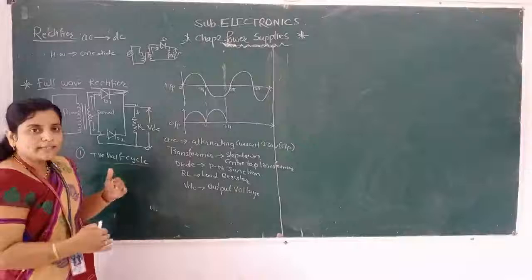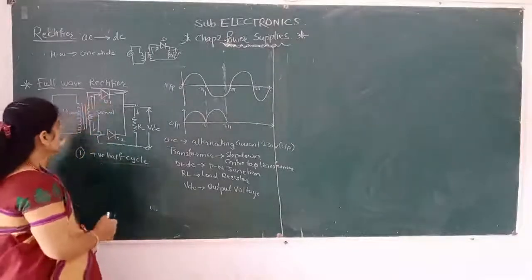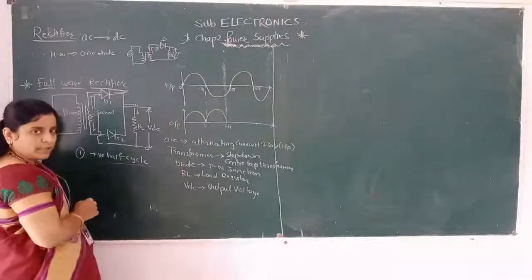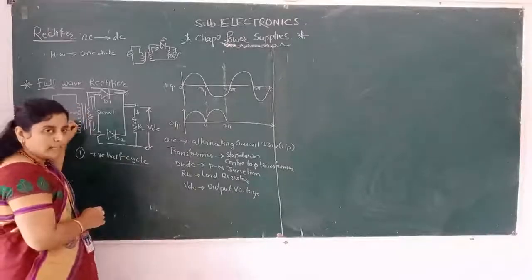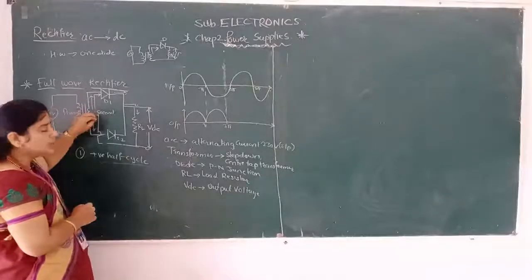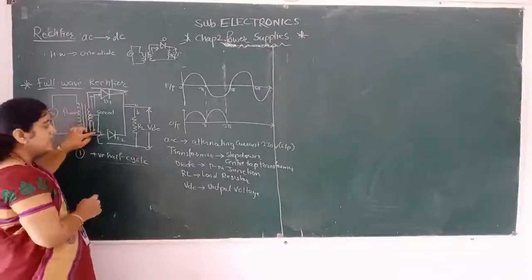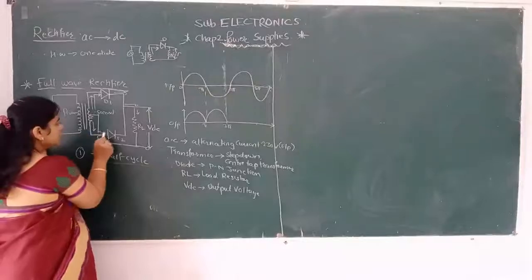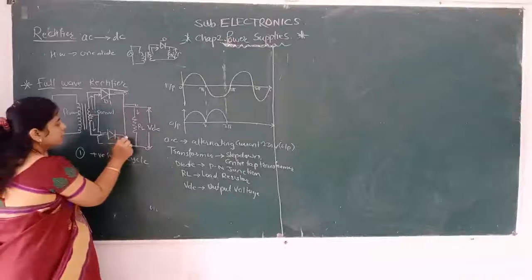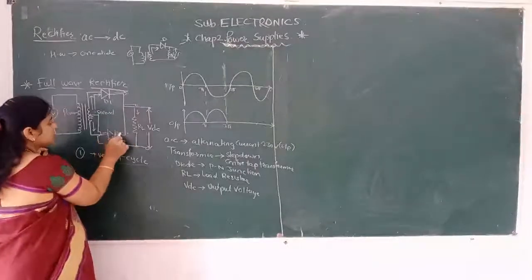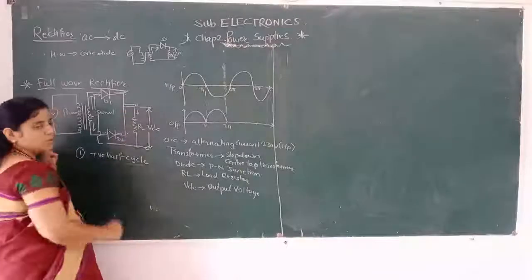So what happens in the negative half cycle? Exactly the opposite of this. If you apply the AC voltage to the input of this transformer, it isolates and gives the output here. It gives the voltage from the secondary of the transformer to the diode D2. At that time D2 will be forward biased, therefore current will flow like this and across this load resistance.